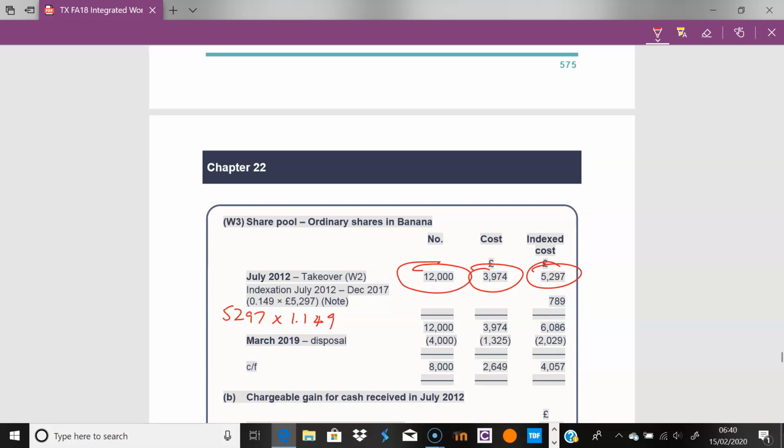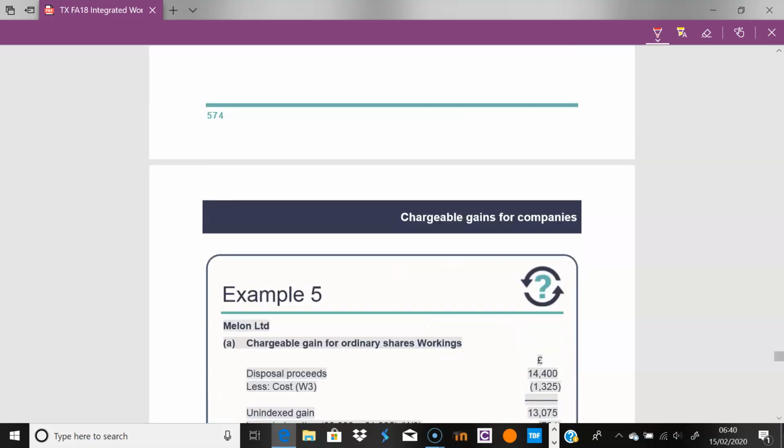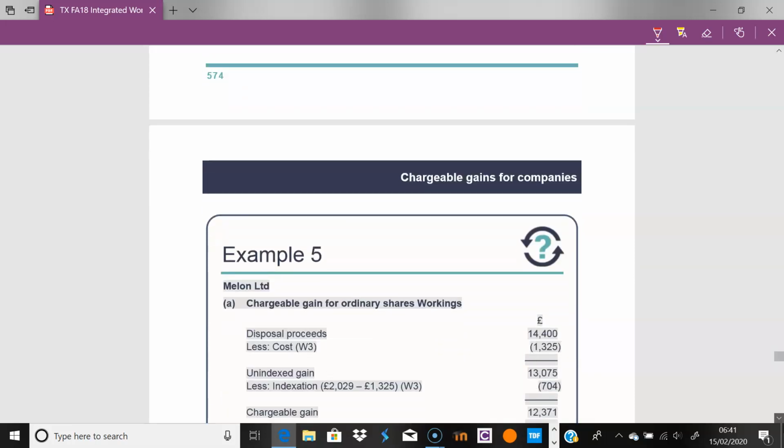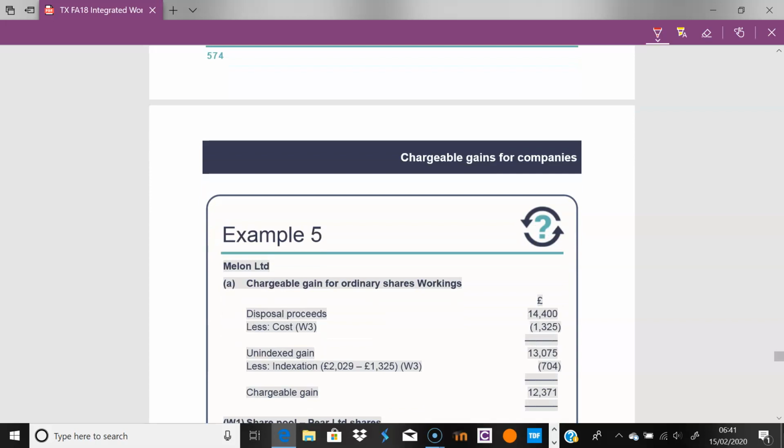So 5297 times 1.149 will take us to 6086, right? That just takes me there straight away. So I have 12,000, I have 6086, I dispose of 4,000, that's the cost, 2029. And then I come back up here and I dispose of the thing. 14,400 minus these two things make up the 2029, and I have my chargeable gain.